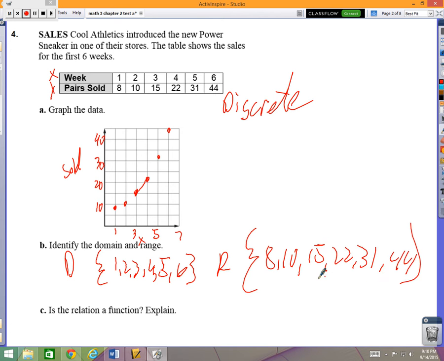Gotta use those brackets. So there's nothing in between 8 and 10, 10 and 15, 15 and 22. We're just these 6 values, that's it. Is this a function? Yes, because of the vertical line test. There's not more than one dot on every vertical line, so that is a function.